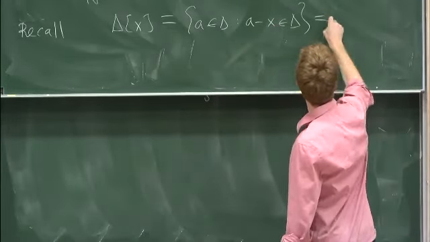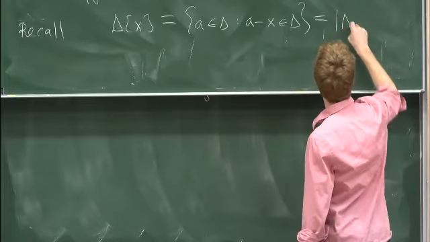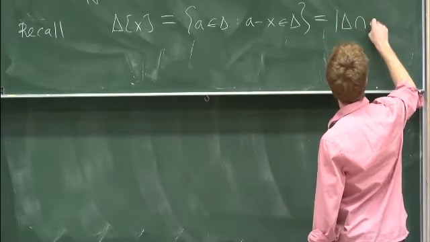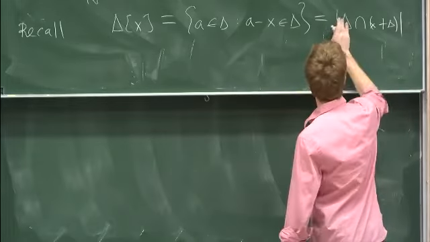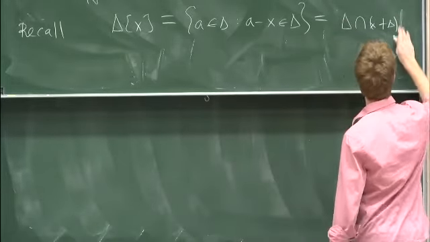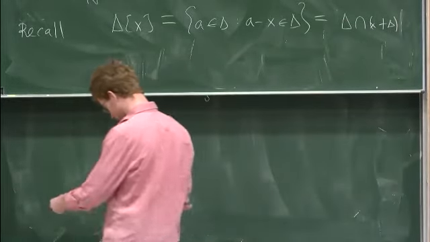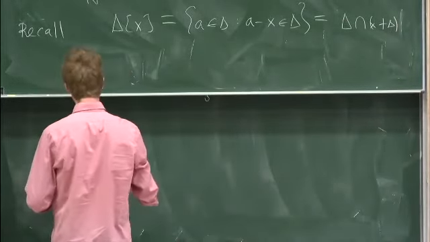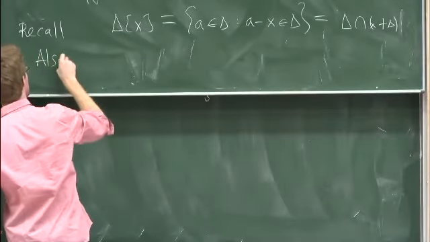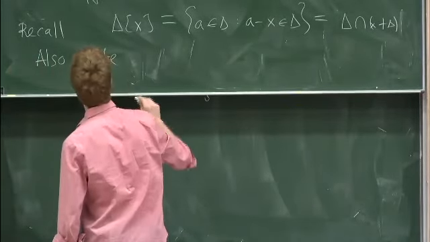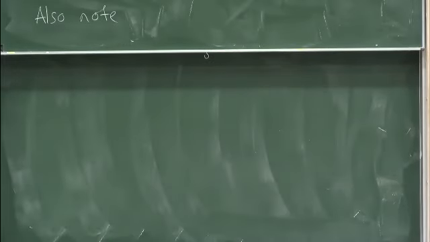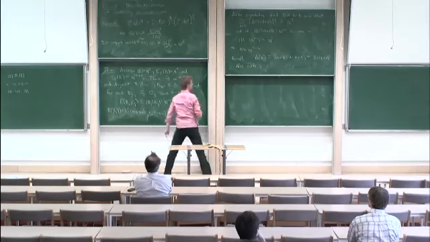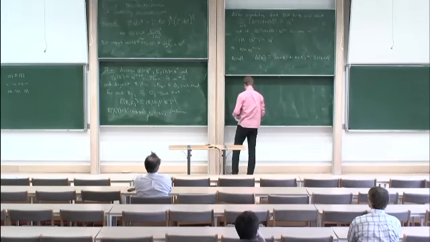So actually, I guess this is the same as delta intersected with x plus delta. No, that's the set. So maybe this different set D comes from a certain graph of pairs.